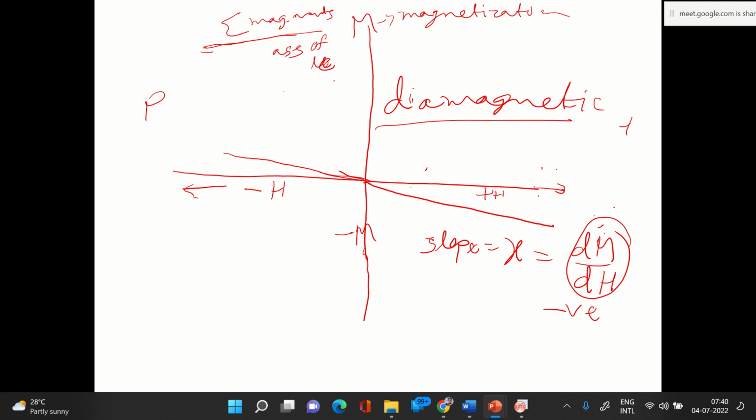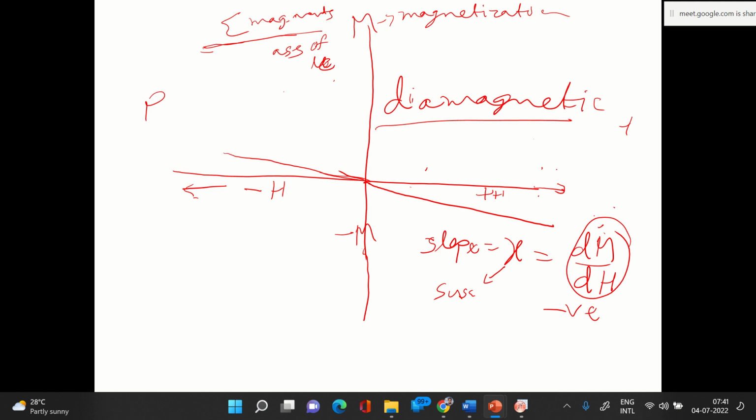In the paramagnetic case, this is the susceptibility: if you change the magnetic field by a very small amount, what is the change in the magnetization.